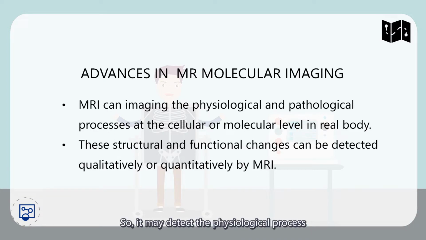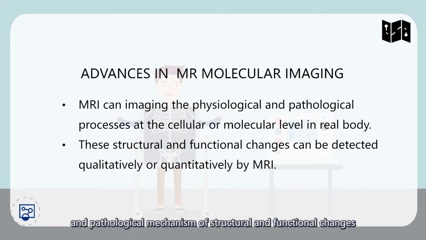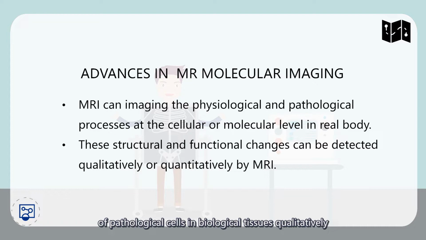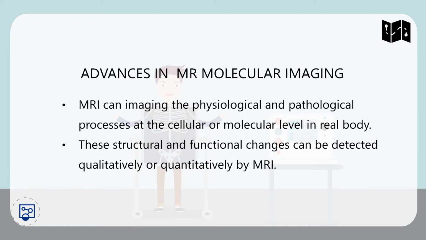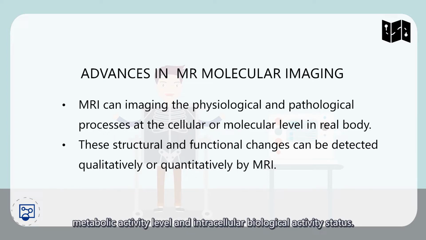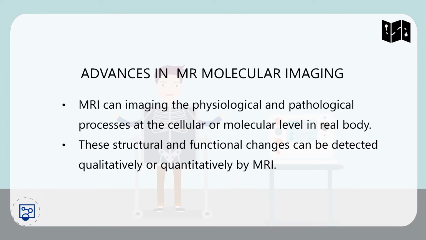So it may detect the physiological process and pathological mechanism of structural or functional changes of the pathological cell in biological tissue, quantitatively or qualitatively, such as gene expression, metabolic activity level, and intracellular biological activity status.